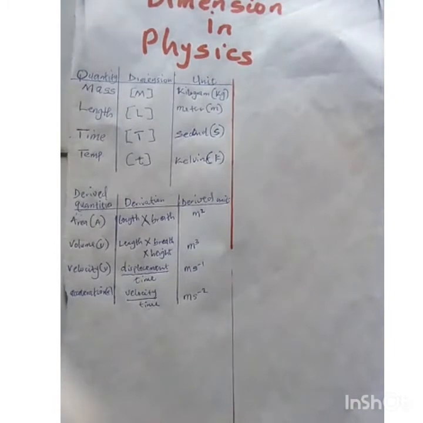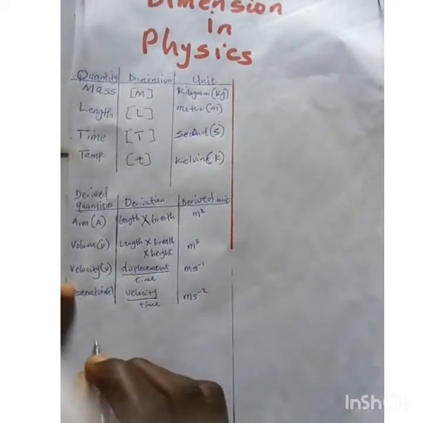square. You can't find dimension unless you know the formula of what you were asked to find. For example, if your teacher asks you to find the dimension of velocity, the first thing you should know is the formula for velocity. And what is the formula for velocity?